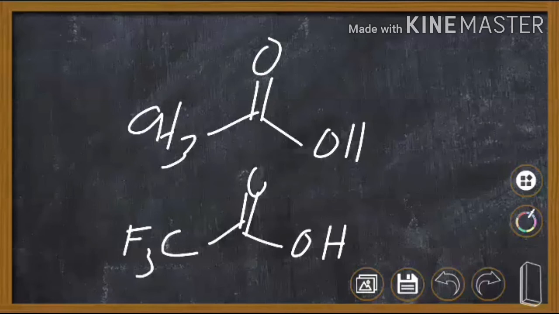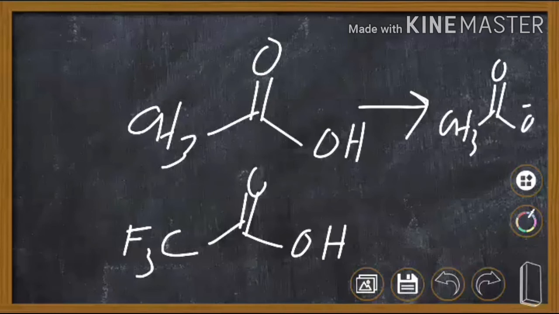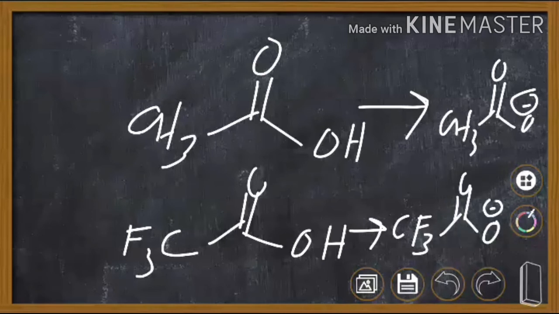Since it is an acid, it will donate H+. So you will end up with CH3C double bond O-. So it is an anion, right? Here it is CF3C double bond O-. So among these two situations, you will end up with the anion.